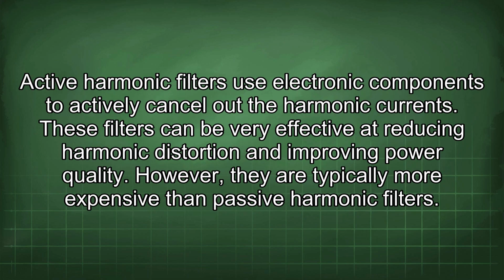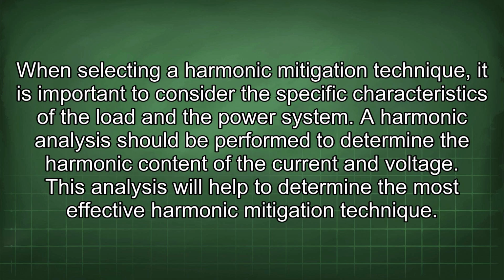Active harmonic filters use electronic components to actively cancel out the harmonic currents. These filters can be very effective at reducing harmonic distortion and improving power quality. However, they are typically more expensive than passive harmonic filters. When selecting a harmonic mitigation technique, it is important to consider the specific characteristics of the load in the power system.